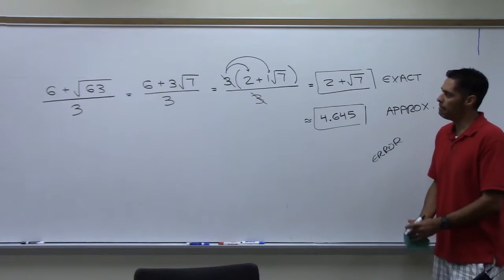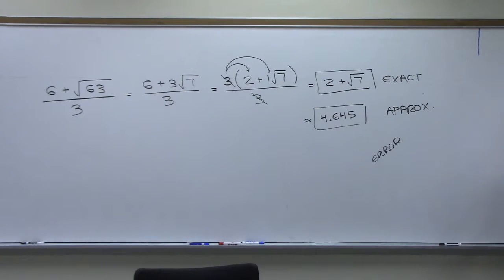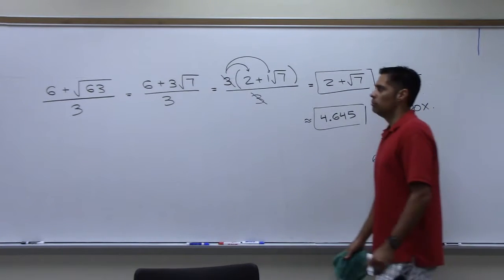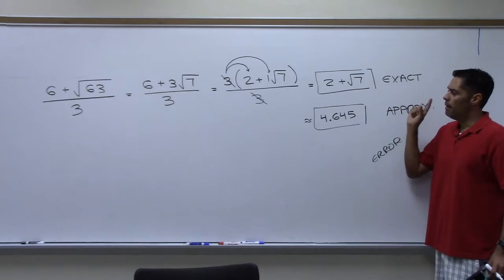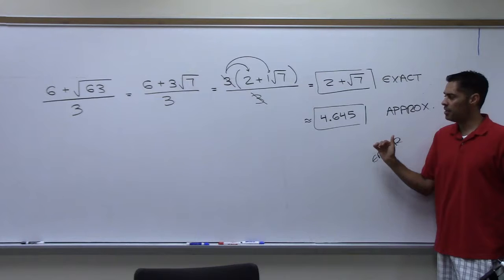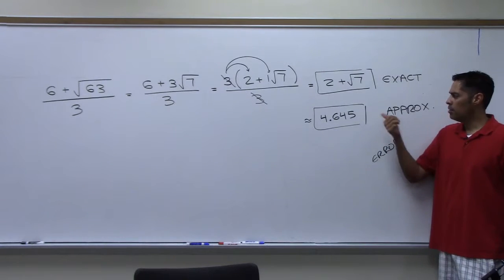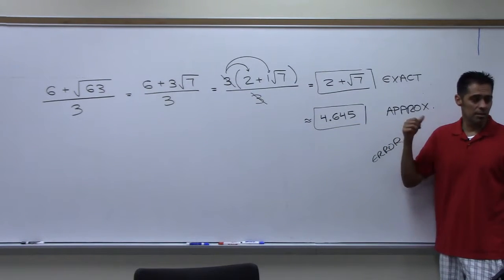All right? Any questions? Yes? Like in the test or whatever, do you want the answer in the approximate form or the exact form? Good question. I'm going to want the exact form. However, as we progress, you will be doing problems where you will need the approximate form because you'll need to graph these.